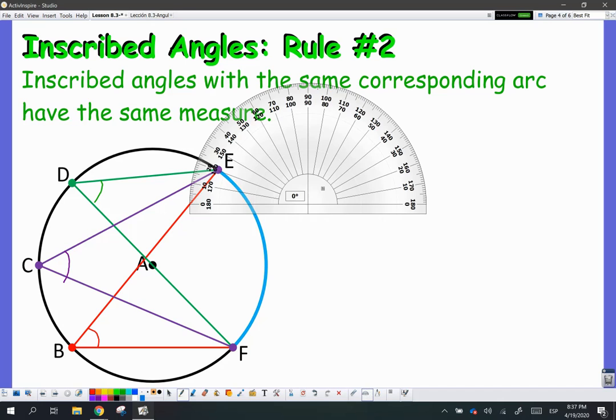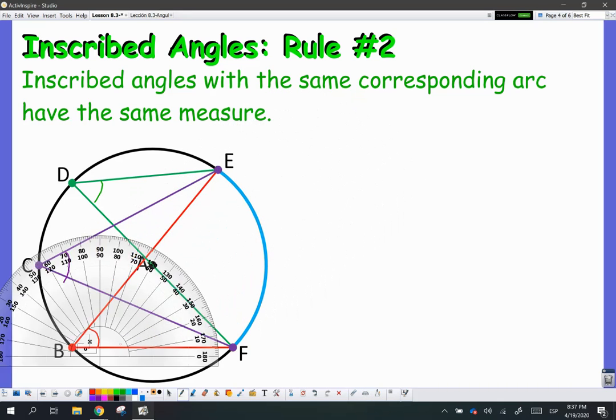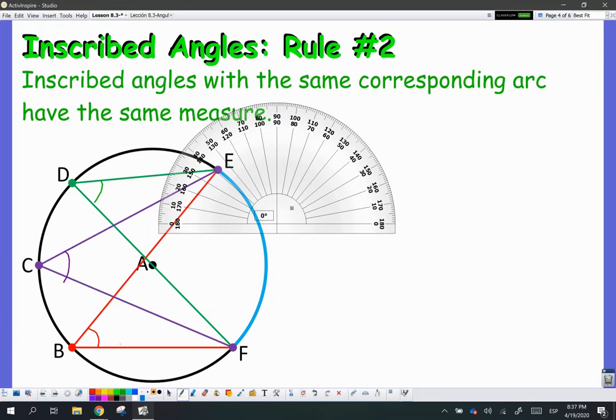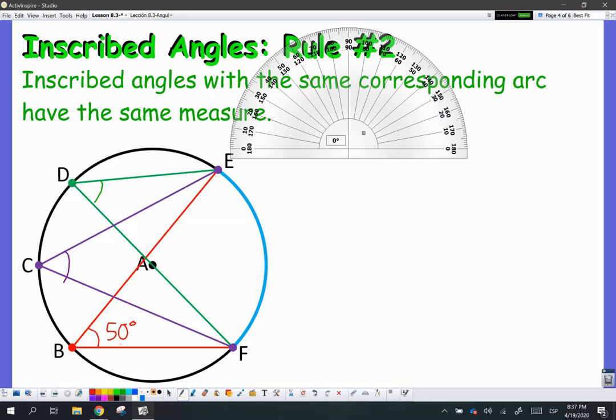So let's check. If I take my protractor, and I measure that angle, it seems to be 50 degrees. So I'm going to move this out of the way, and I'm going to put 50 degrees. Which means that the arc, since the arc is twice the measure of the inscribed angle, should measure 100 degrees.